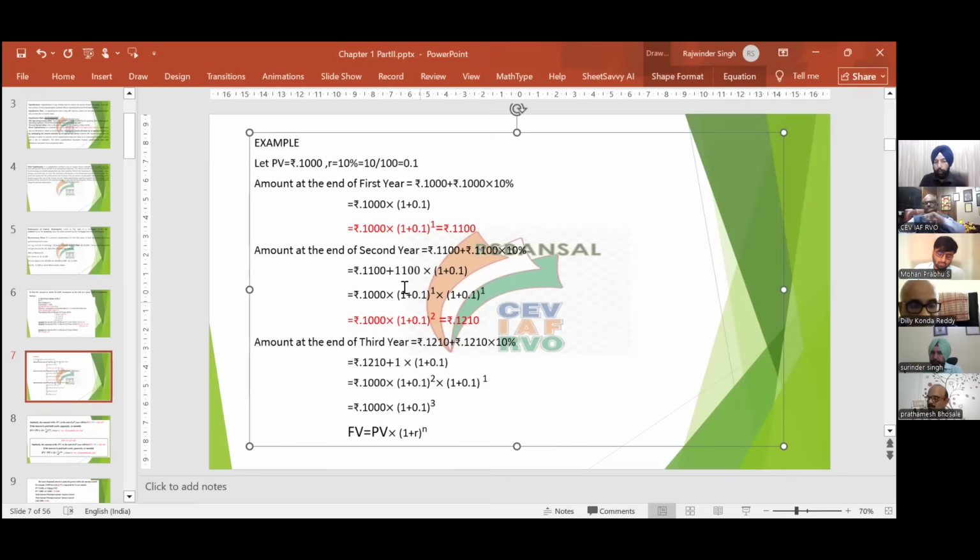Okay. So instead of 1100, you can write 1000 into 1 plus 0.01 raised to power 1. So already 0.01 is there, so it will be 1 plus 0.01 raised to power 2, which equals rupees 1210.